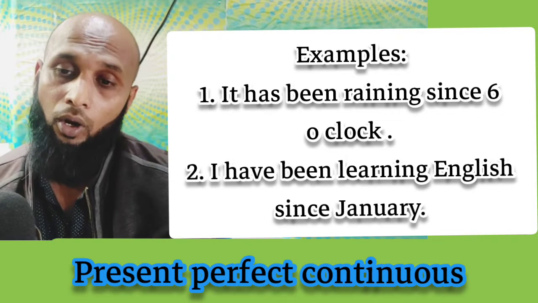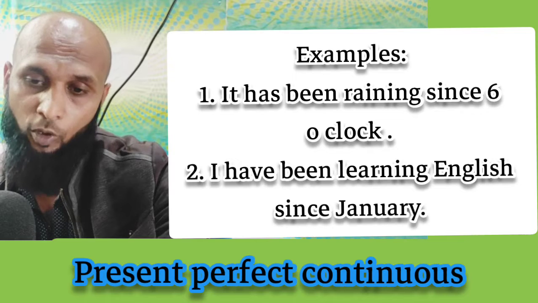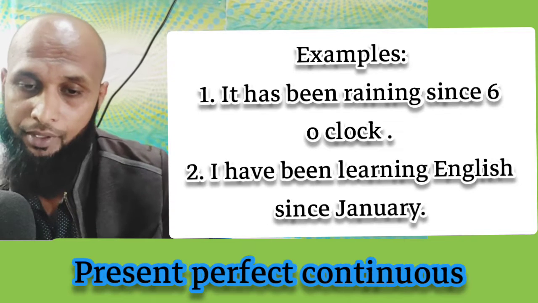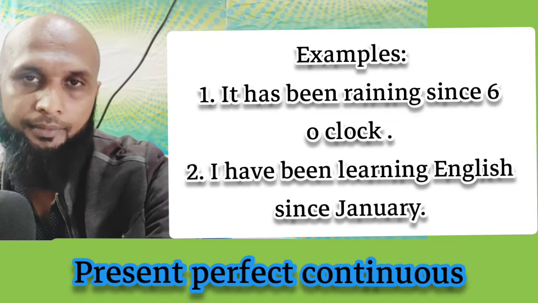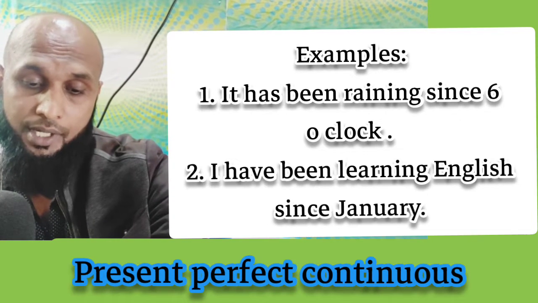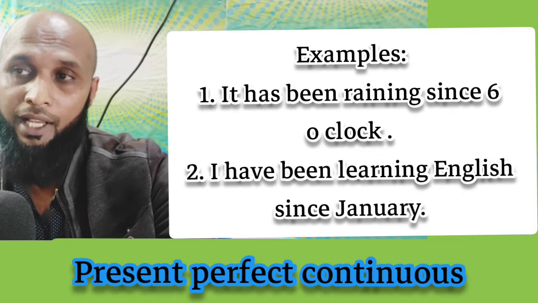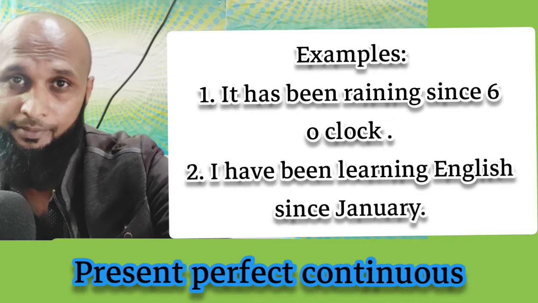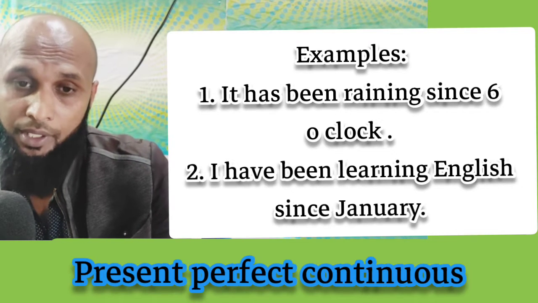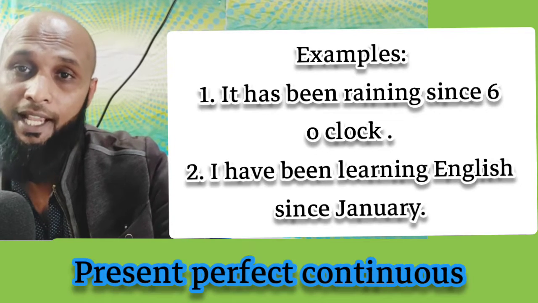Let me give you one more example using since. I have been learning English since January. So the word since here means that I started learning English in January. January is the beginning point of time.